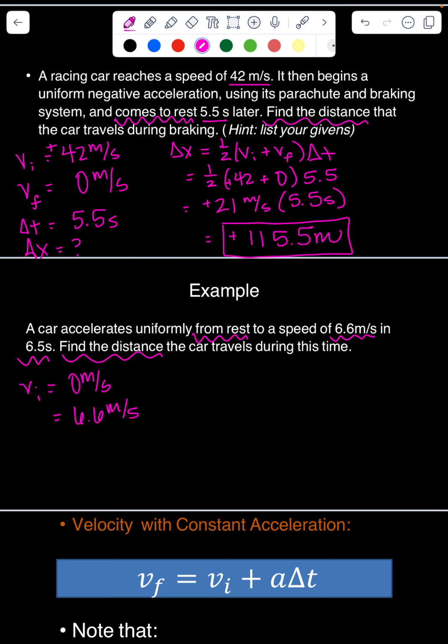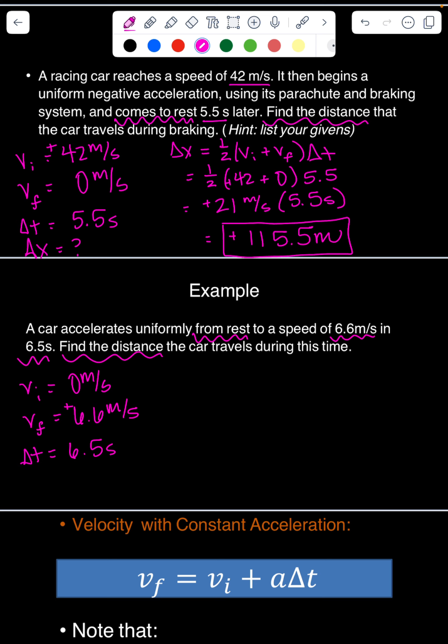Now, we don't use speed in kinematics, we use velocity. This is our final velocity, and velocity always needs a direction. I did not give you a specific direction in the problem, so we assume that it's going in the positive direction. Now, our last given is 6.5 seconds, and we know that that is our time interval, delta t. So those are our givens.